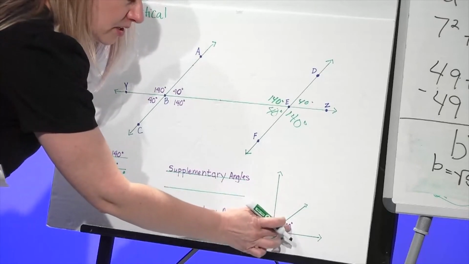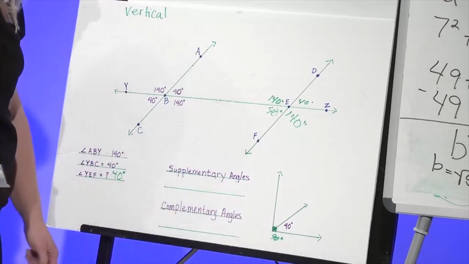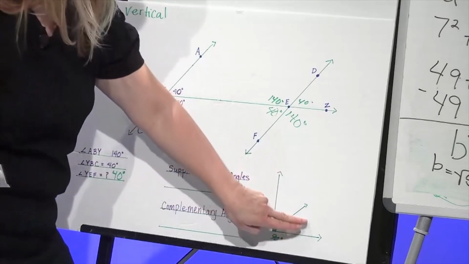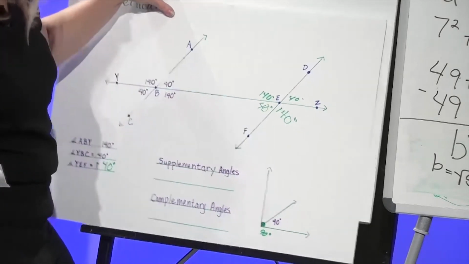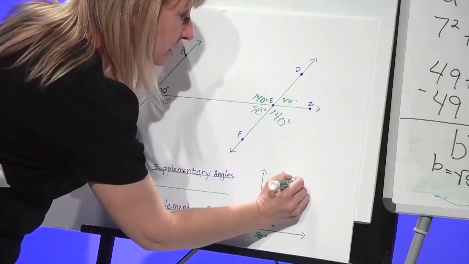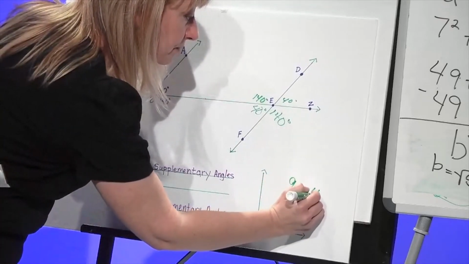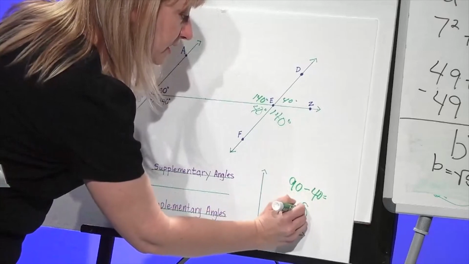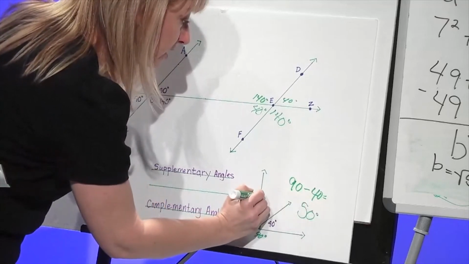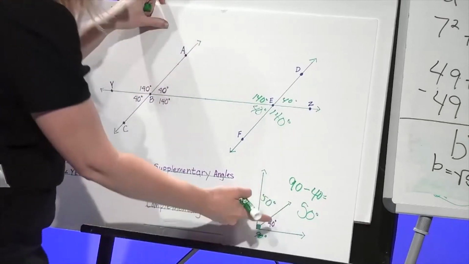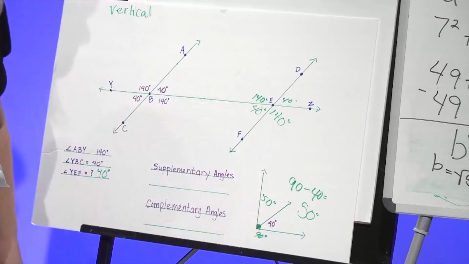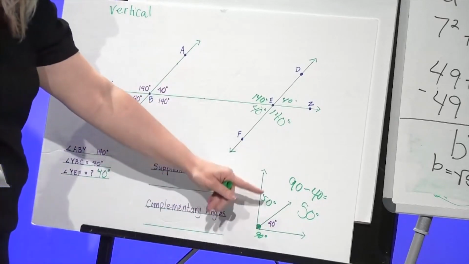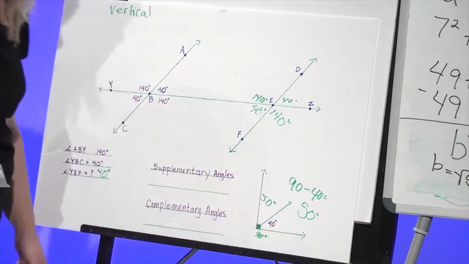This angle is 40 degrees. If altogether it's 90 and this one's 40, how many degrees is this angle? You simply take 90 minus 40, and that missing angle is 50 degrees. That is the example of complementary. These two are complementary because together they form 90 degrees.